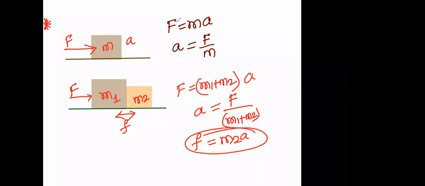Like if I take three blocks placed on a horizontal surface, each block has a mass M1, M2, M3. They are placed on the horizontal table.